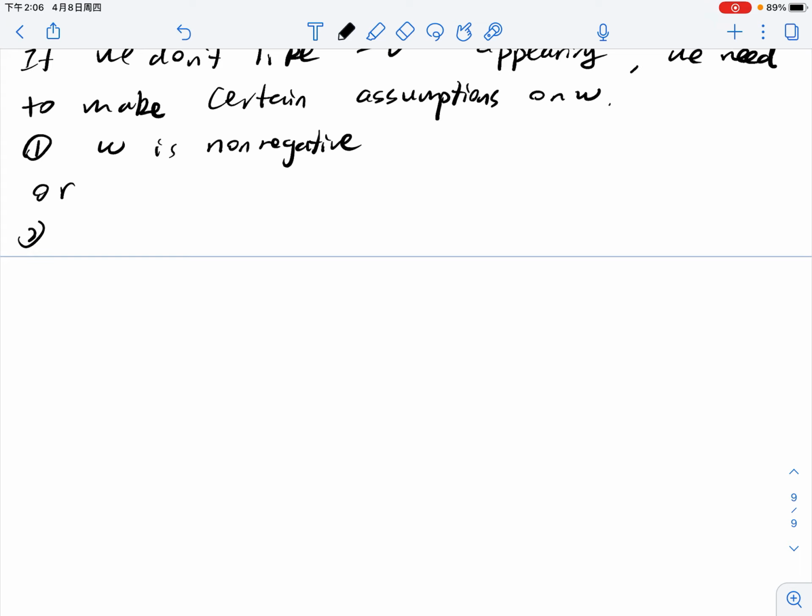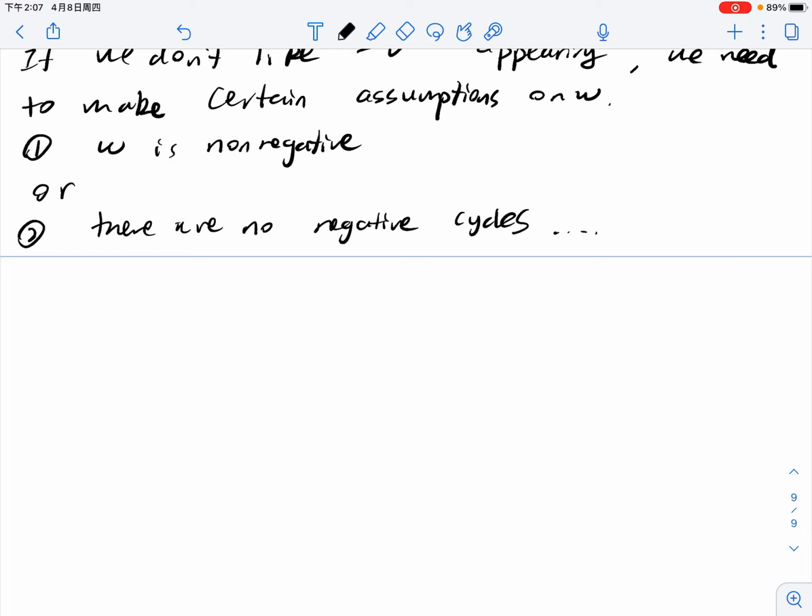Or we can assume that, because we have loops here, there are no negative cycles, with a certain minor tiny assumption.